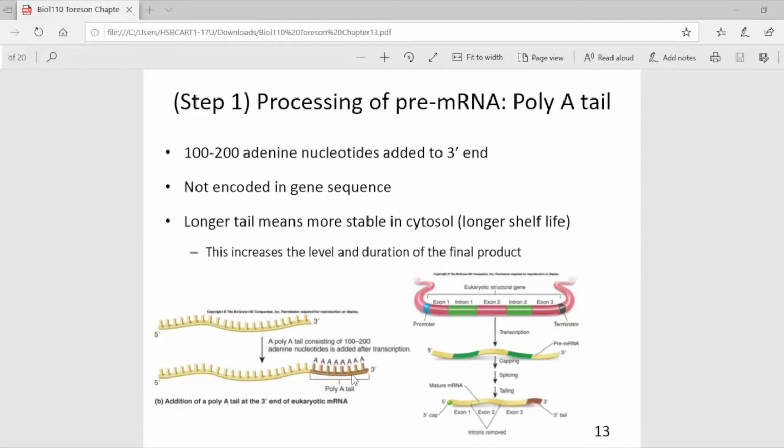This poly A tail increases the shelf life of the RNA molecule. So it allows the RNA molecule to survive in the cytosol a little bit longer. And here on the right-hand side, we see the 5' cap on the 5' end and the poly A tail on the 3' end.